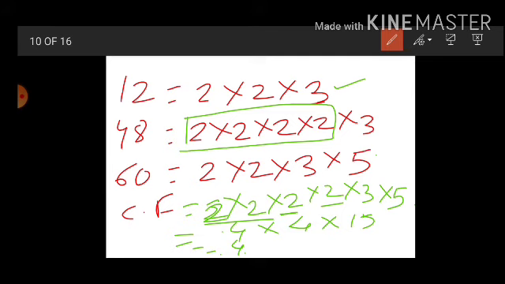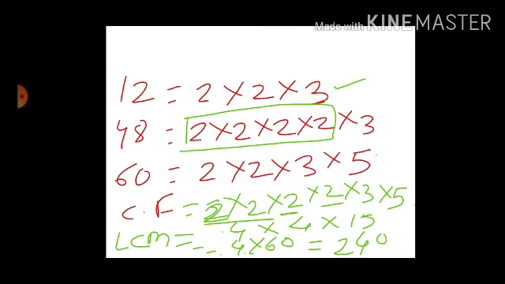Now 4 multiplied by 60, 15 4s are 60. And the LCM is 240. LCM is 240.